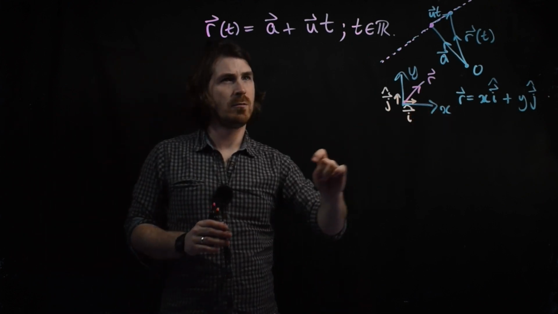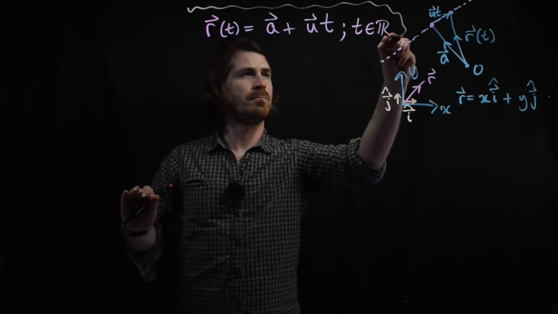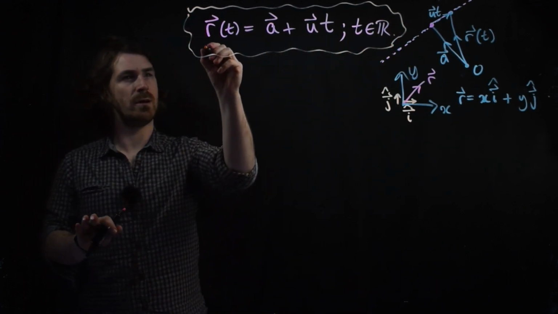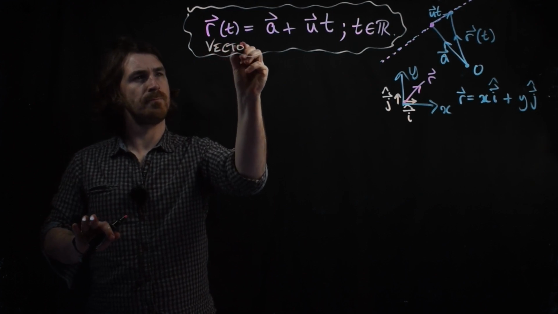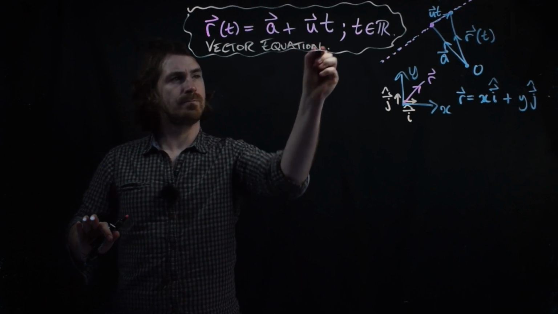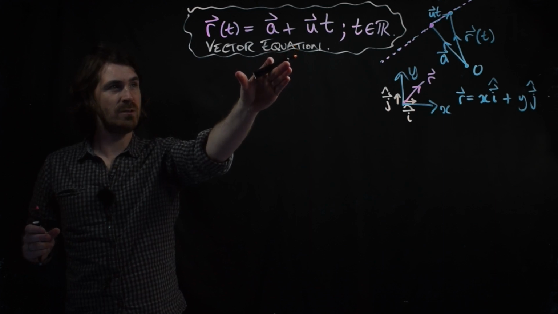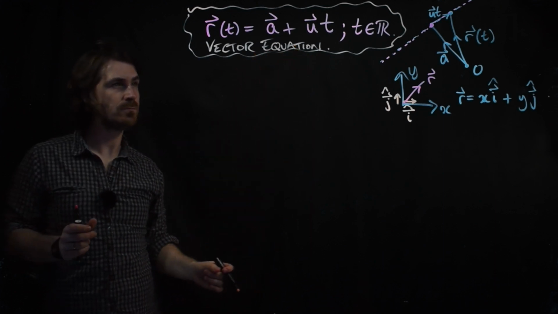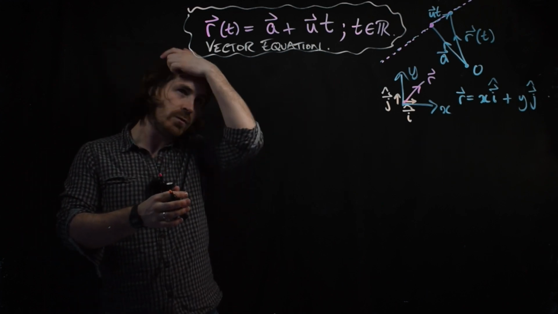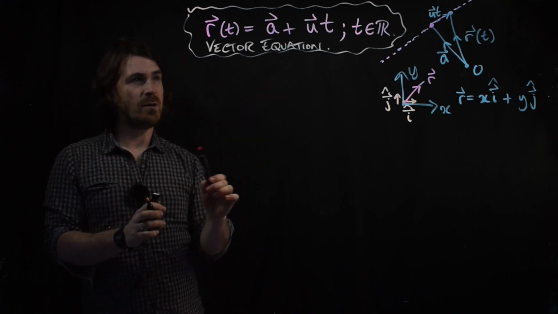All right, but this form of the equation that you see here, this is a vector equation, okay? And this applies equally well in 1 dimension, 2 dimensions, or 3 dimensions. So this is the 2-dimensional case. If we think about the 3-dimensional case, this still describes the equation of a line.